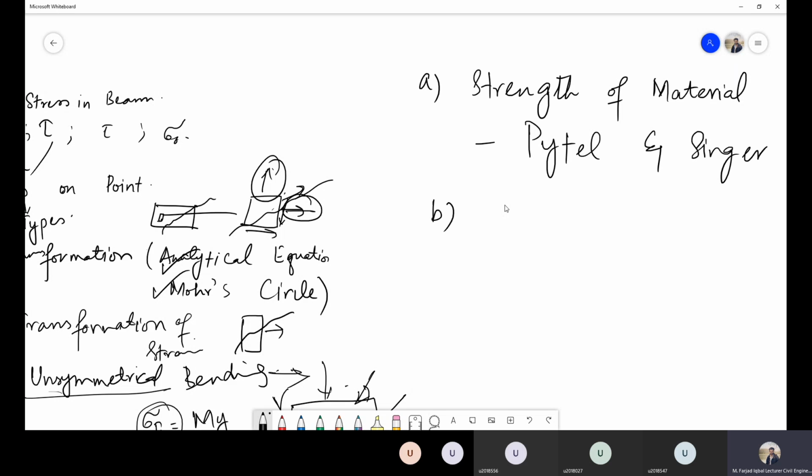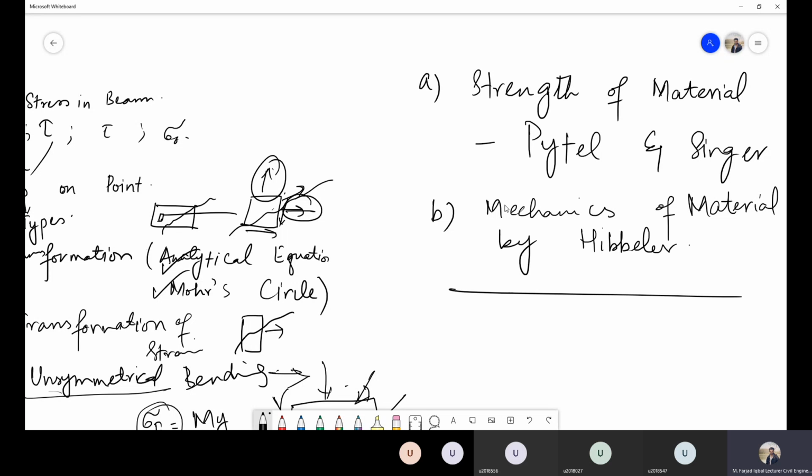The second book that you need to follow is Mechanics of Materials by Hibbeler. These are the two books that you need to follow, and these two books have all the topics that we will be discussing in the class.